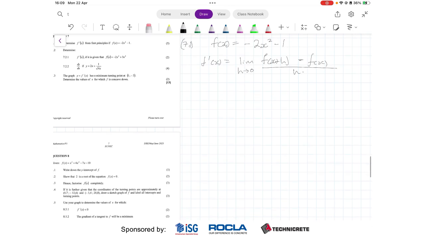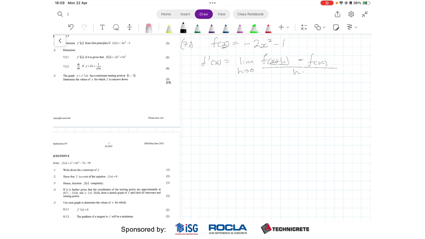Now, I would advise that the first thing you do is find what f at x plus h is. It's essentially telling you that wherever you see the x in the formula, you just replace it with x plus h.